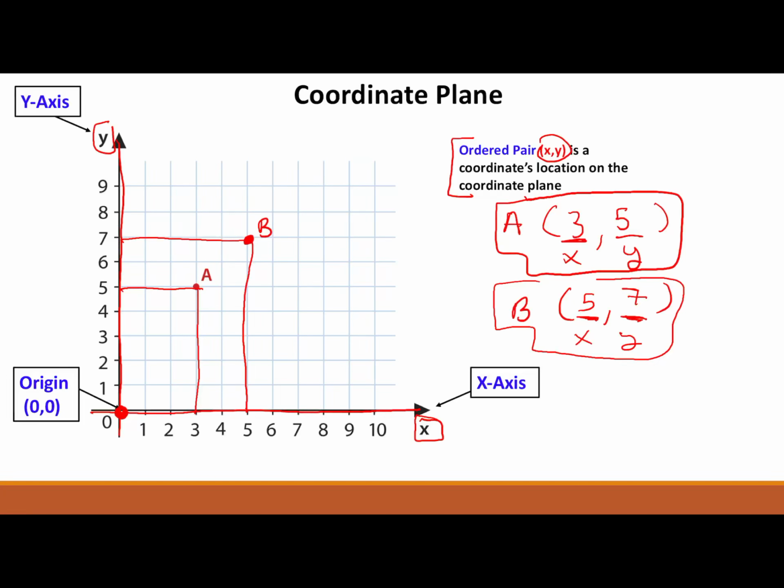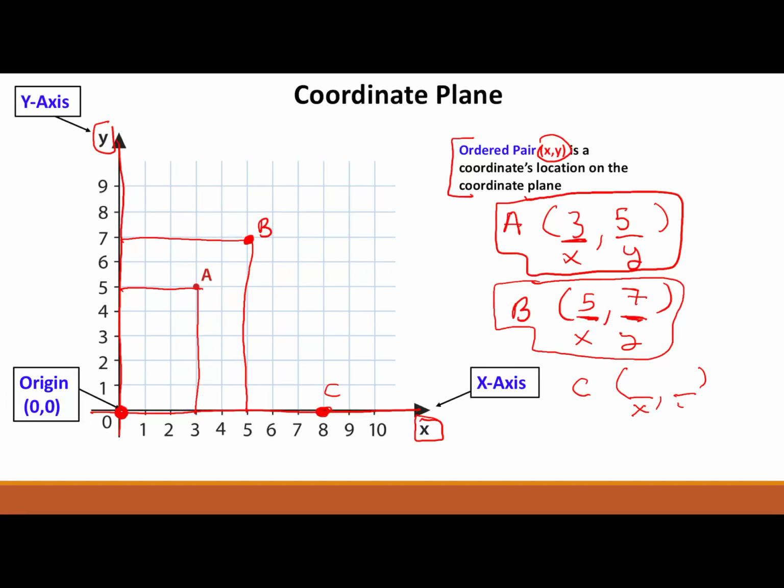One last one, just to make sure. Go ahead and mentally find the coordinates of this location, point C. And once again, remember that each ordered pair has an x and a y coordinate.